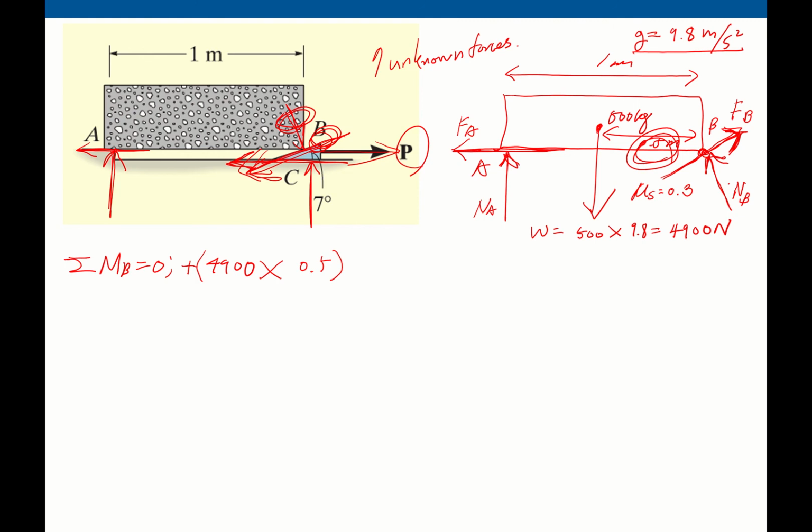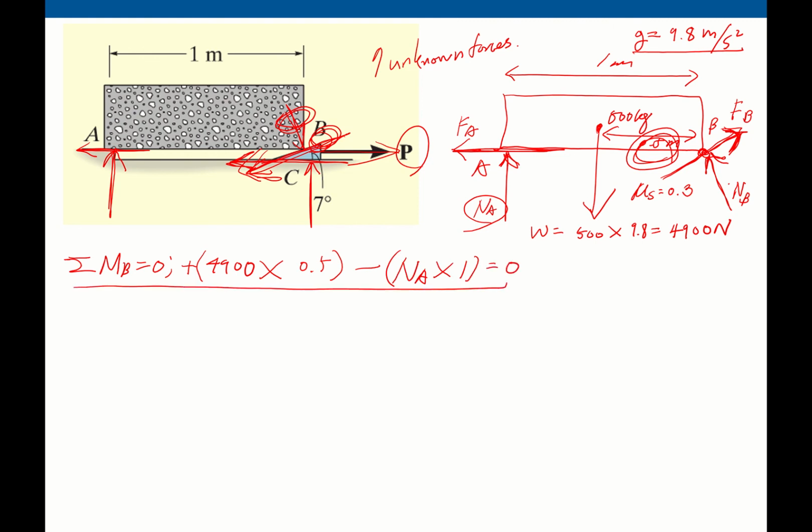The normal force at point A creates clockwise rotation, so it is negative. We don't know the normal force, but we know the sum should equal 0.